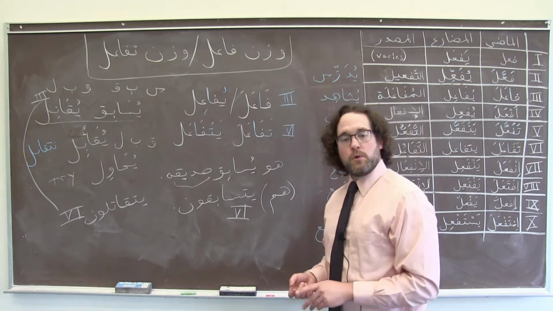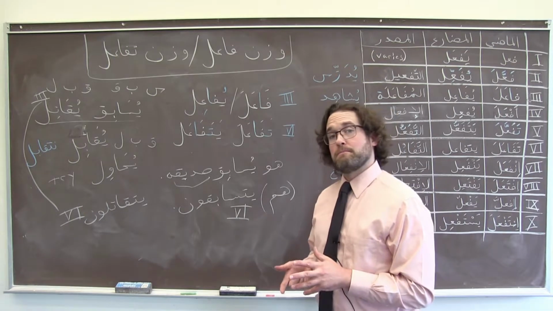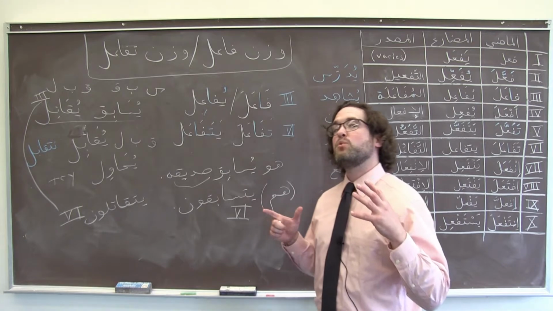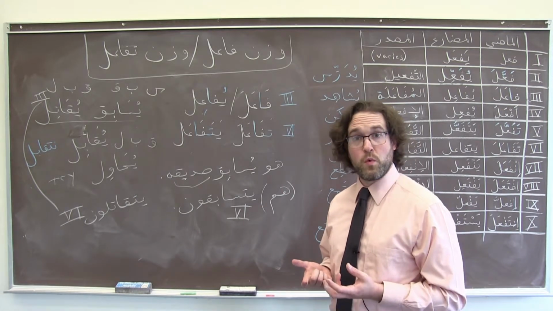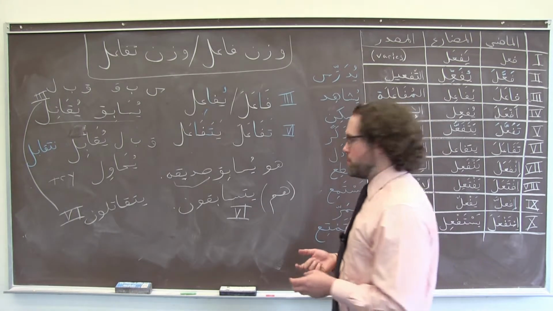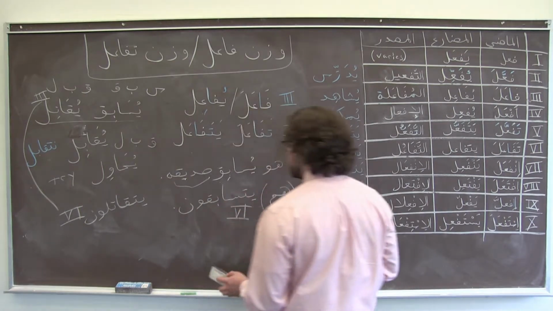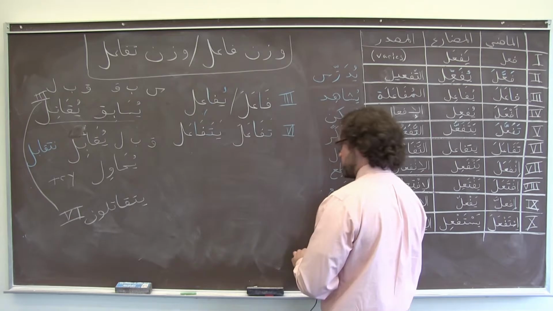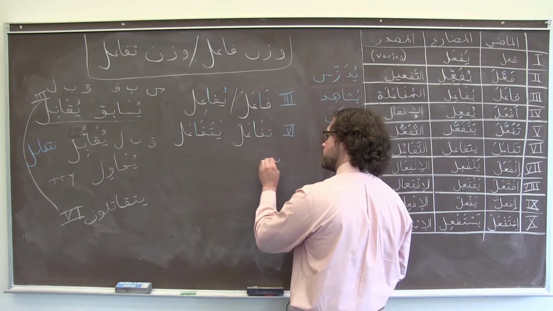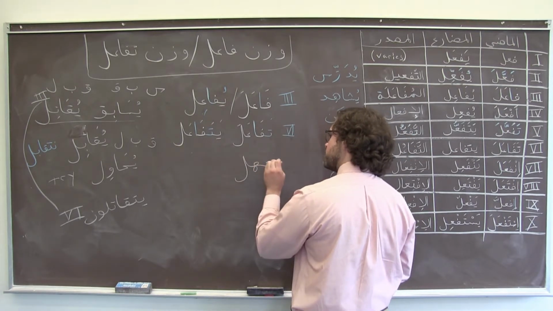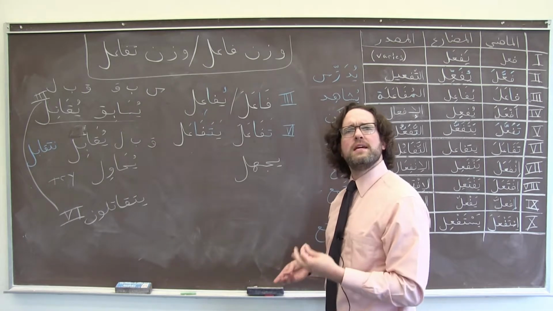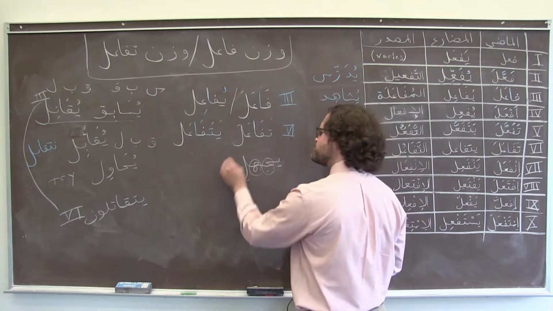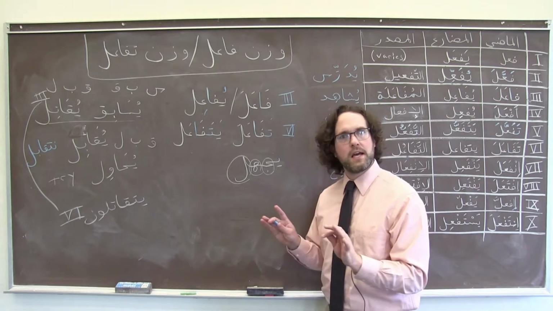Another meaning of Form 6, which is kind of fun, is it sometimes gives the flavor of pretending to do Form 1. For example, we have a verb in Arabic, yajhal, which means kind of to be ignorant of something. The root has to do with not knowing things, being ignorant.